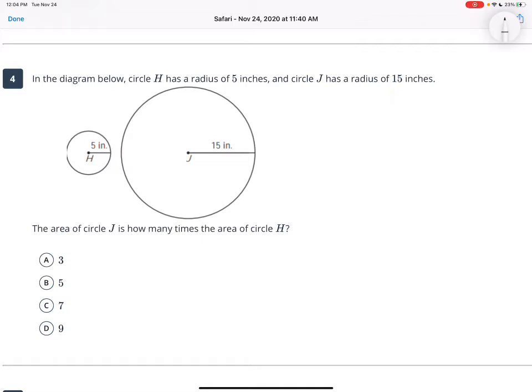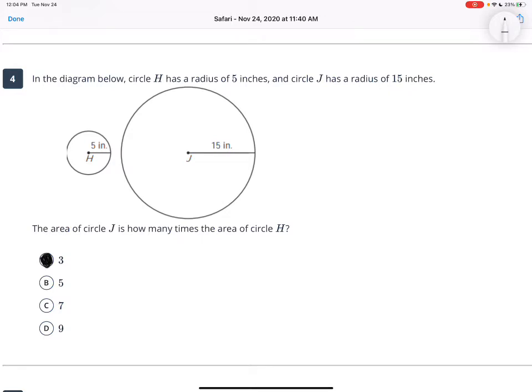Okay, so let's do the process of elimination, or let's just take an educated guess and test it out. I know that 5 times 3 is 15, so just by taking the educated guess, I'm going to select 3.